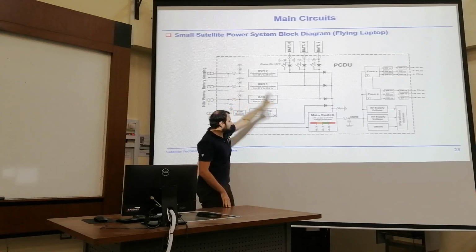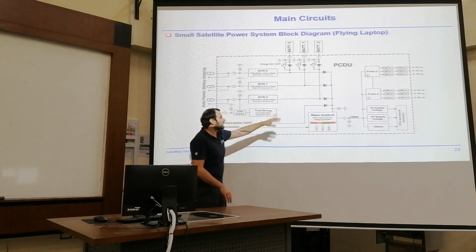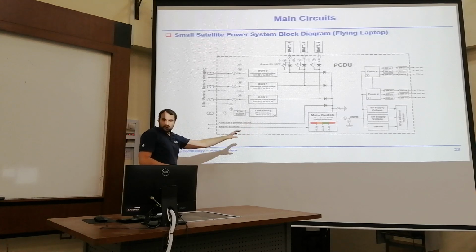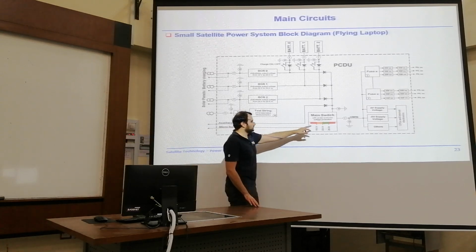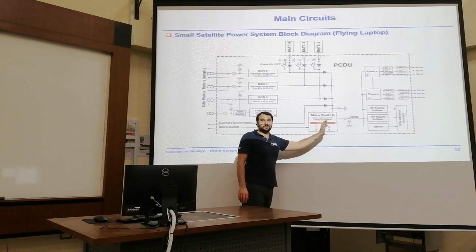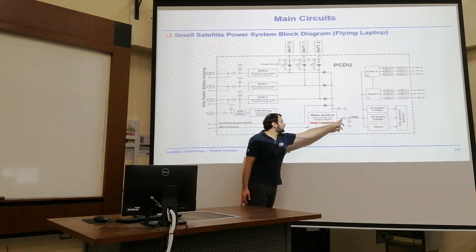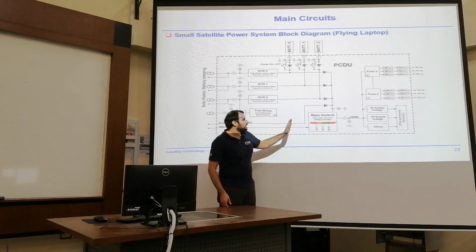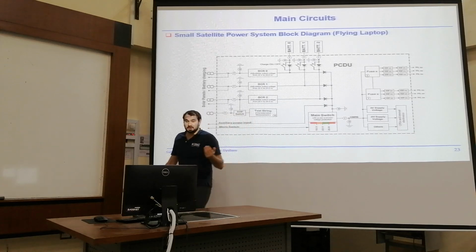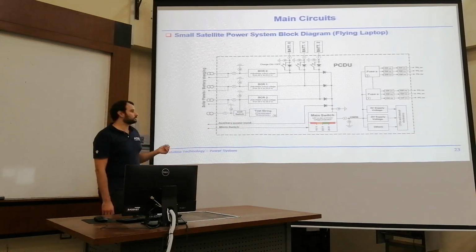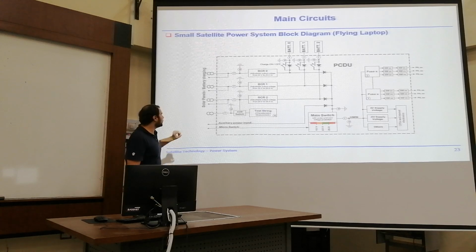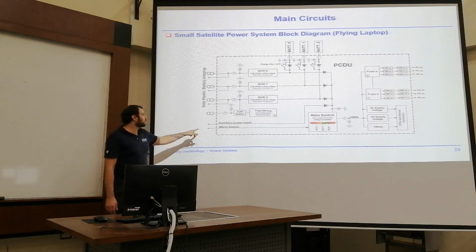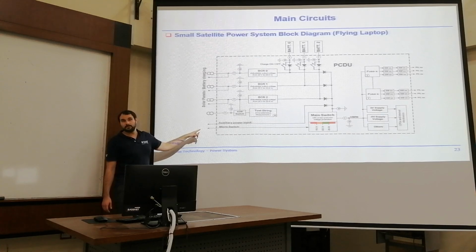All that goes down into our main switch for some under and over voltage protection and feeds the umbilical connector, our main output from the PCDU. Again, we can measure the voltage and the current, and then it goes into some fuses and other conditioning stages. In that case, we also have a micro switch, and that is used to switch on and off the satellite.